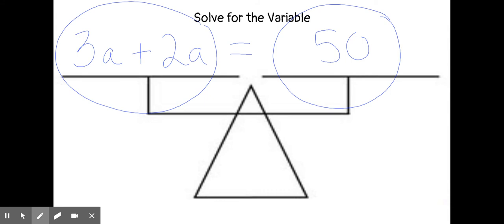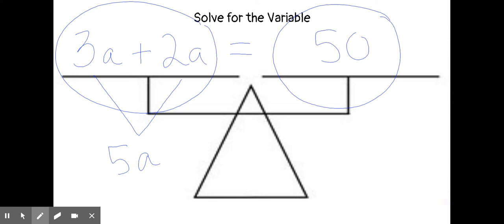Well, the first thing that I'm going to do is simplify. 3a plus 2a is 5a. And now, if you want to, go ahead and use your pawns. And if you want to hit pause as you set it up, that's fine. So how would you set up 5a?